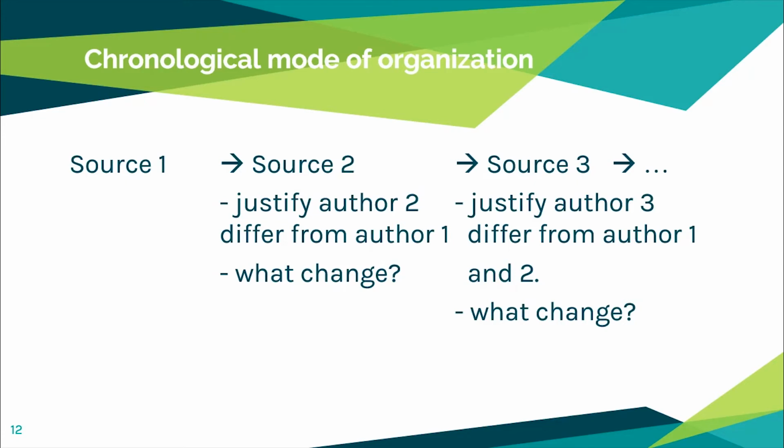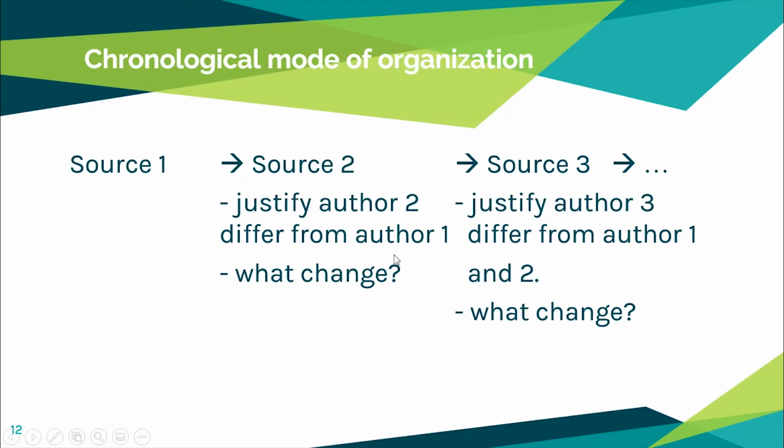Okay, so here is an example of the chronological mode of organization of a literature review. As you can see here, we have source 1, where you quote evidence from the first author, and then come to source number 2.